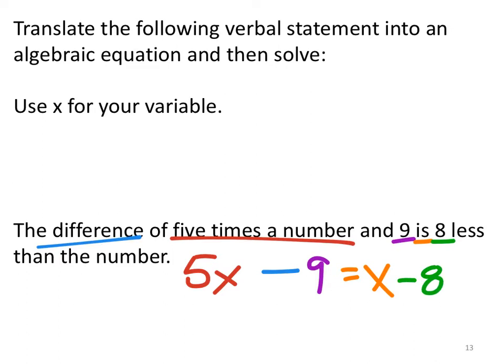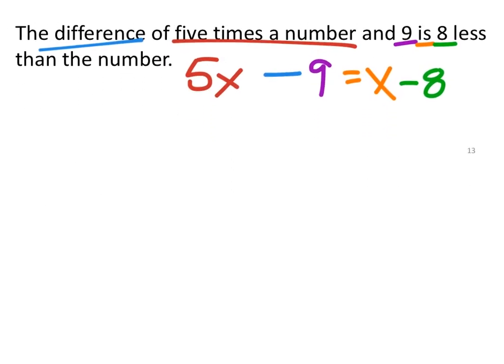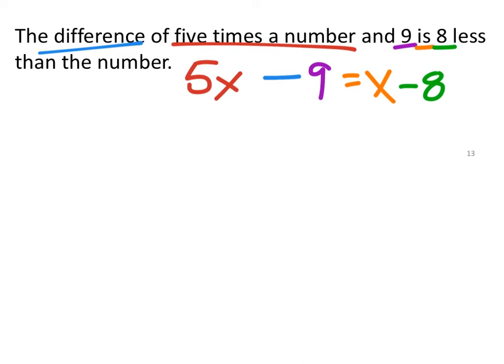Well, this is set up now very well for us, and it's not a two-stepper, but it's three steps, I would say. We could do it in one step if we wanted to, but we're going to do it in three, I guess. I'm going to keep the x's on the left, just because it's the most common place to put the x's, not that you have to.